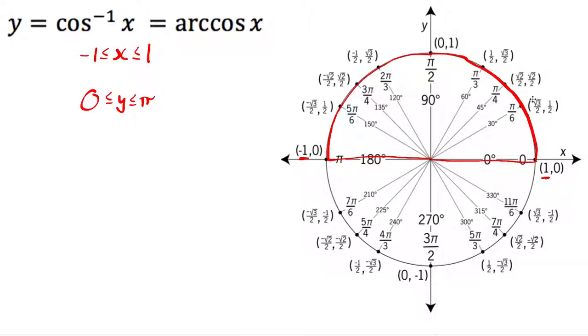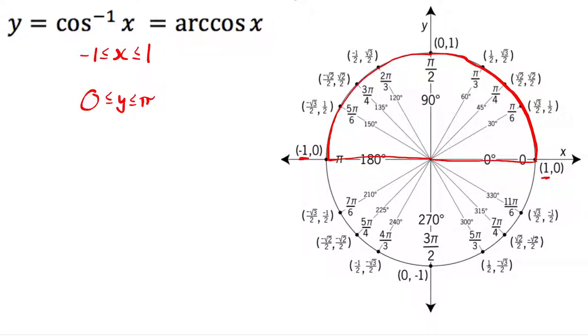And notice we don't have duplicates this way. If I look at the cosine of pi over 6, that is root 3 over 2. Cosine of 5 pi over 6, that's negative root 3 over 2. Those are different values.